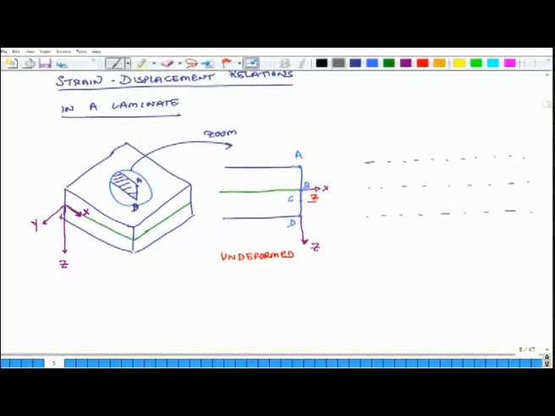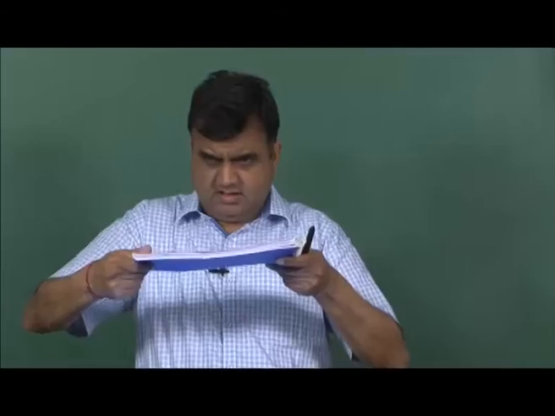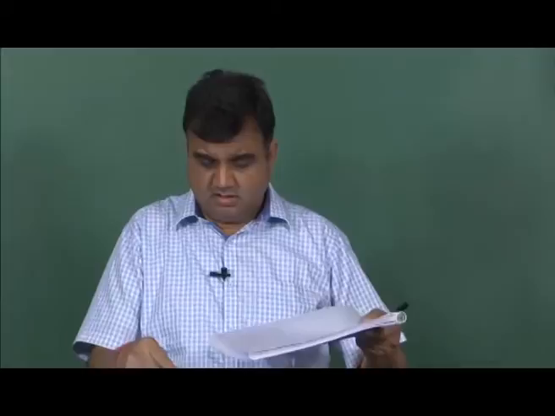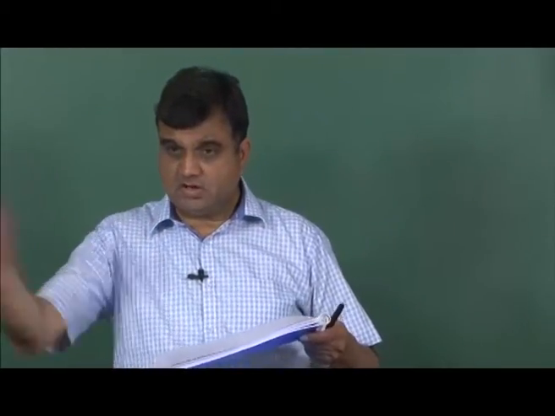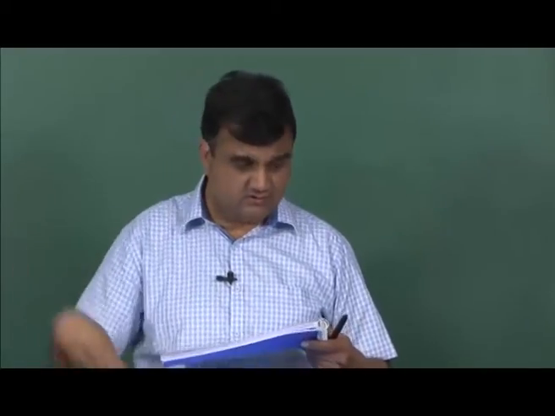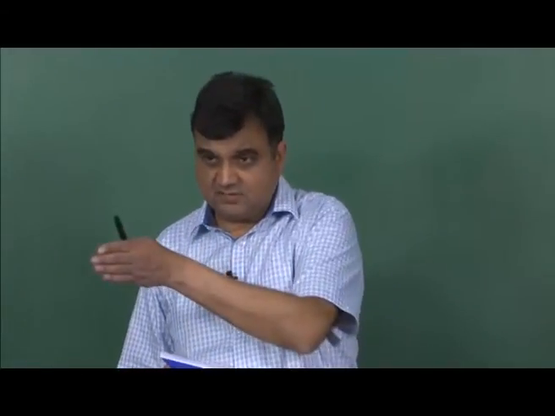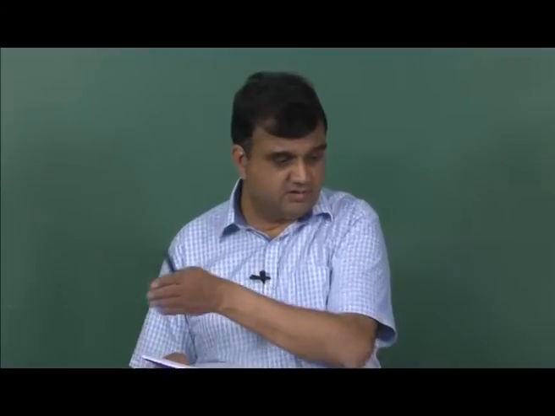One is I have a plate and I can pull it like this, and as I pull it, this line AD will just move horizontally in the x direction. That is one thing which will happen. So, that is a translation, line AD will move and it will translate.